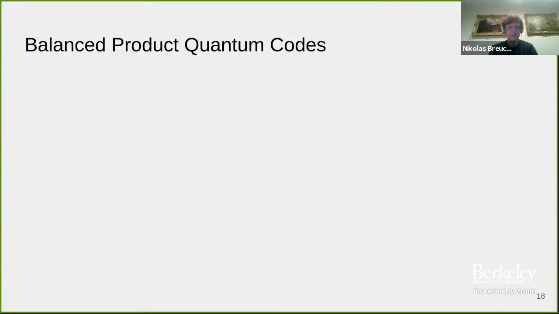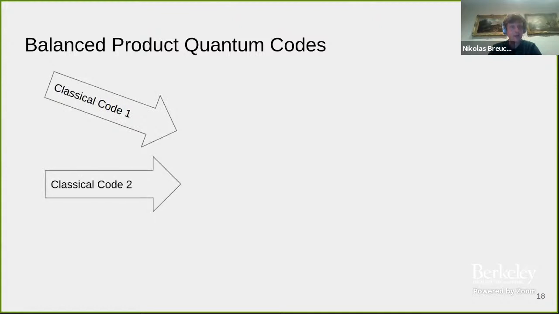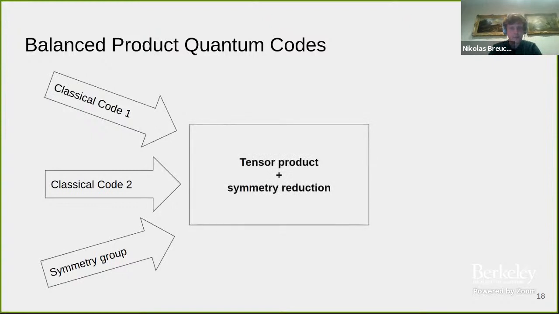Okay, so this brings us to the third example, which are balanced product quantum codes. These also are based on two classical codes as inputs. However, we assume that they come with an associated symmetry group.